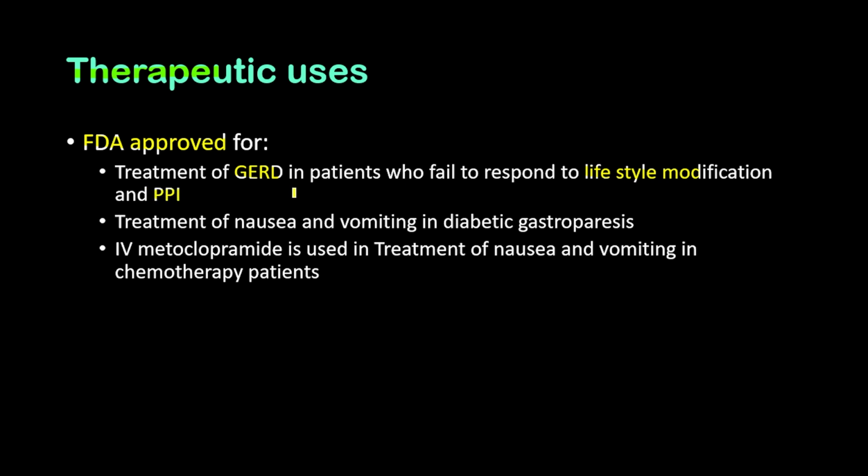And metoclopramide utilizes its prokinetic effect in treatment of GERD. Now this medication is also FDA approved for treatment of nausea and vomiting in diabetic gastroparesis, and the IV formula of this medication is also FDA approved for treatment of nausea and vomiting in chemotherapy patients.